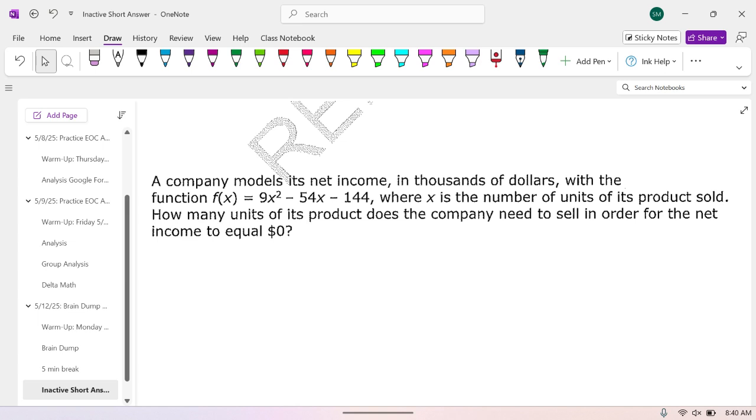What's the very first thing I've got to do before I even read it? I identify the question. What's my question here? Just look for the question mark. Where's the question mark?